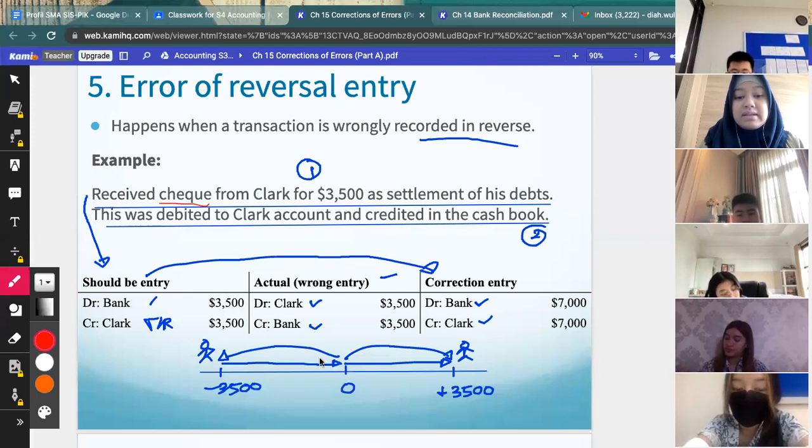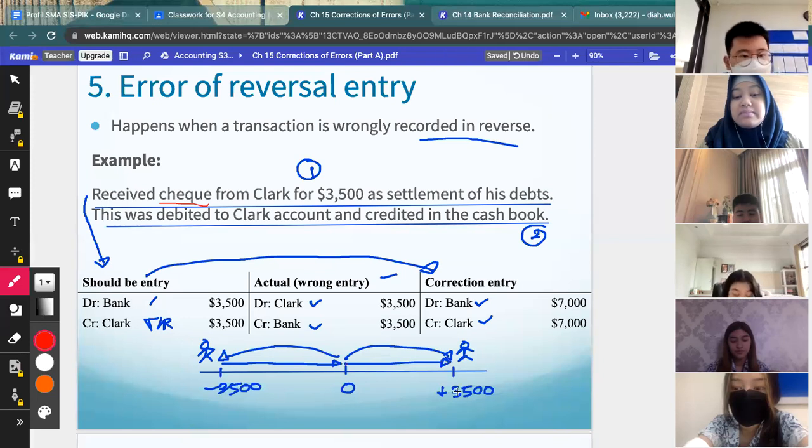Adding to the bank by 3,500 will make this line move to the right side by 3,500 positive. But your actual entry is to reduce the bank by 3,500.